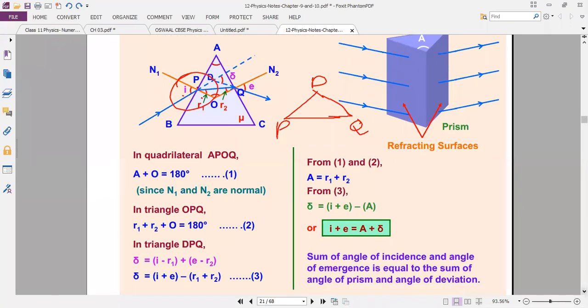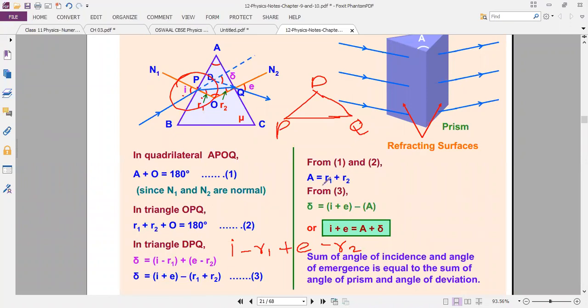The next step. I minus R1 plus E minus R2 gives I plus E minus (R1 plus R2).